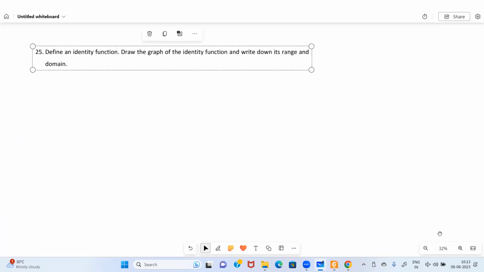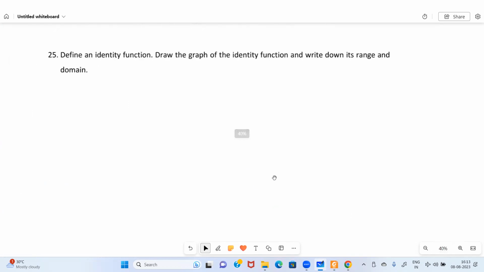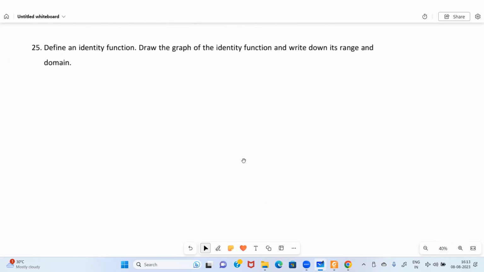Define an identity function. Draw the graph of an identity function. Write down its range and domain. Very simple question. Okay, what is an identity function? First, write the definition.